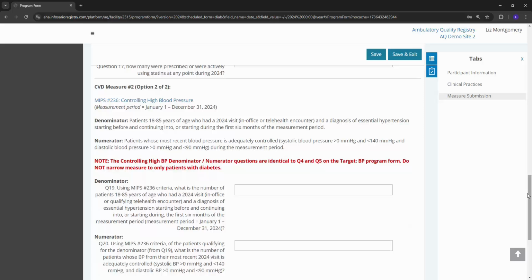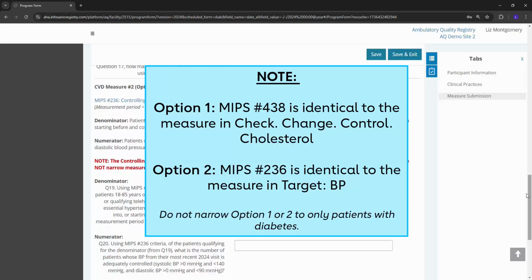For award eligibility, in addition to answering all questions on the Participant Information tab and Clinical Practices tabs, you must enter data for the diabetes measure and one or both of the cardiovascular disease measures. Choose whichever is easiest or demonstrates the best performance.